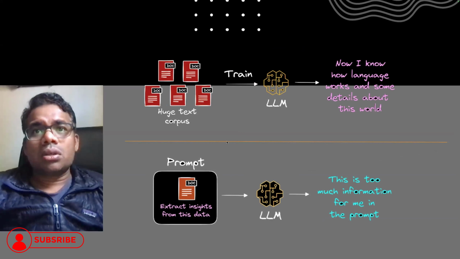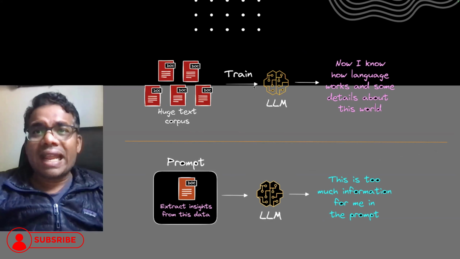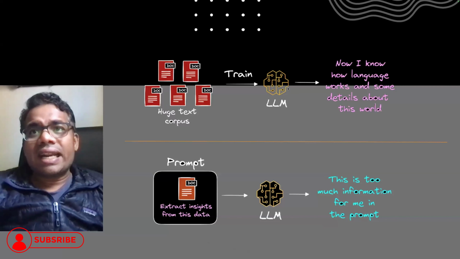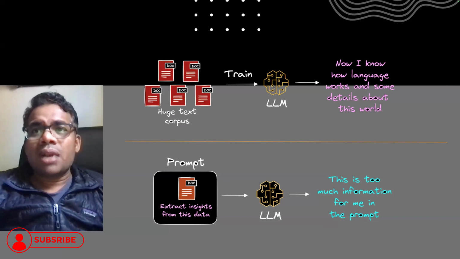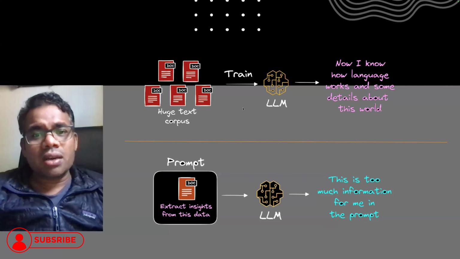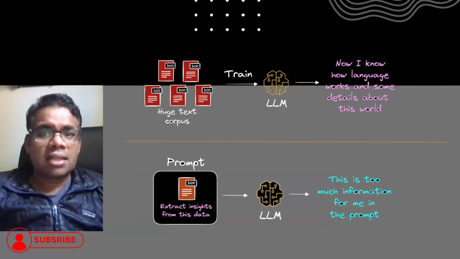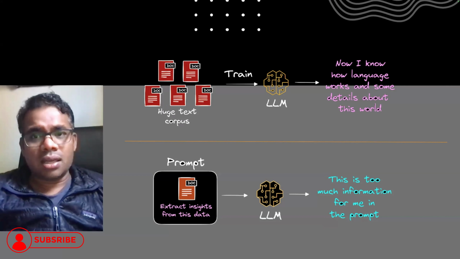So how does the training system work? We have a huge text data set or documents, of any kind, and it gets trained through the LLM. Think of it like you are in 10th standard in high school.